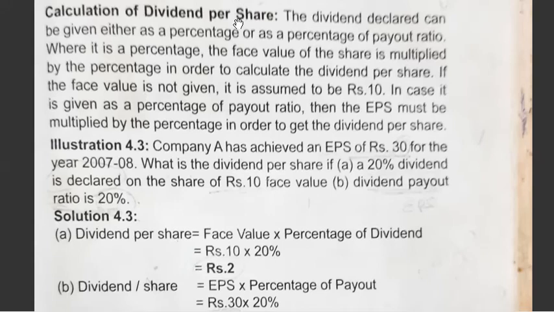In the problem you have to calculate a dividend per share. So if it is given as a percentage, and they have not given a payout, only the percentage, at that time you have to take face value and multiply the percentage.